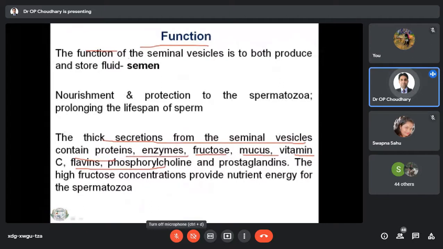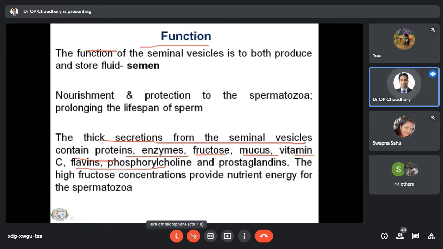These are accessory sex glands because they do accessory work for the male genital system: they produce semen, give protection, increase lifespan, and give nourishment and protection to the spermatozoa.